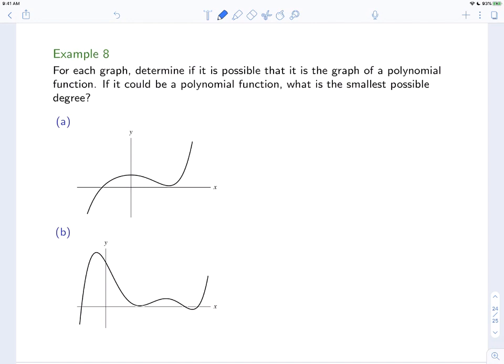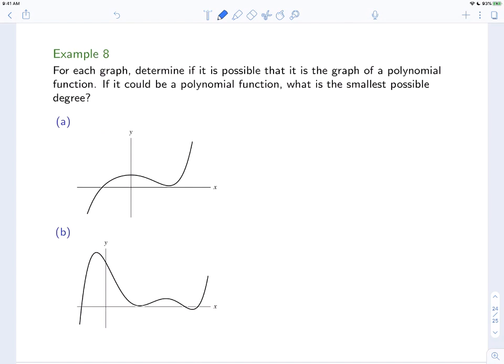For this example, we're given two graphs, and we're asked to determine if it is possible that it is a graph of a polynomial function. If it could be a polynomial function, what is the smallest possible degree? Okay, well, let's look at A. This could be a polynomial function.